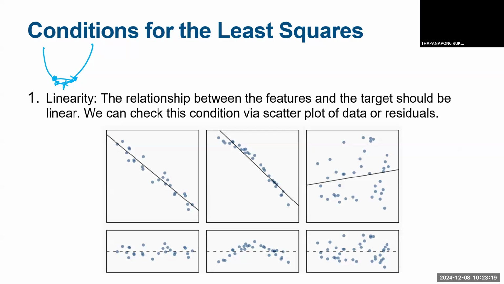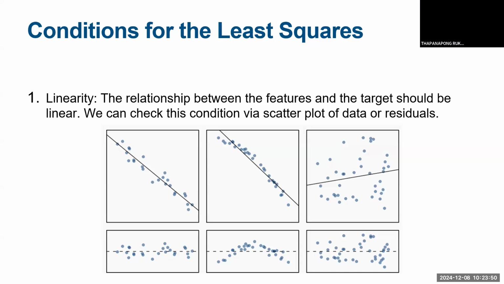So what are the conditions for the least square? To be able to use least square, the data must follow a set of conditions. The first condition is linearity. So there must be a linear relationship between the features and the target.